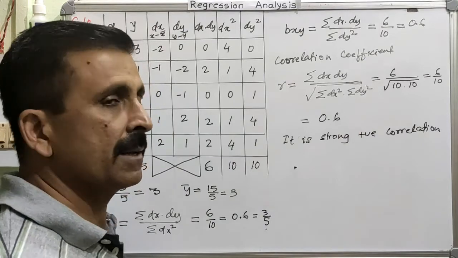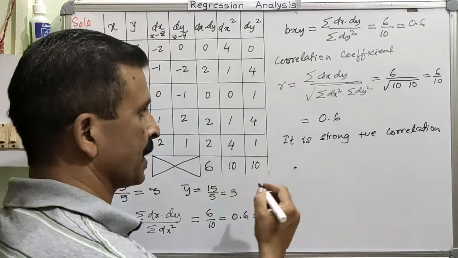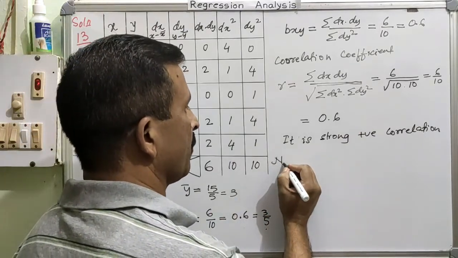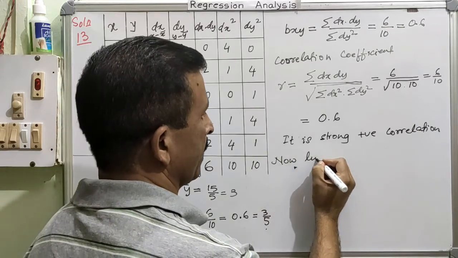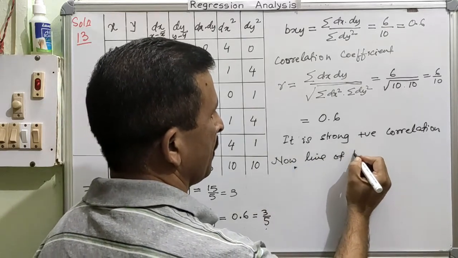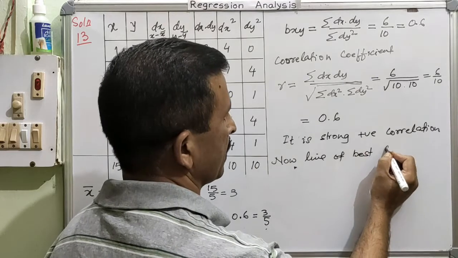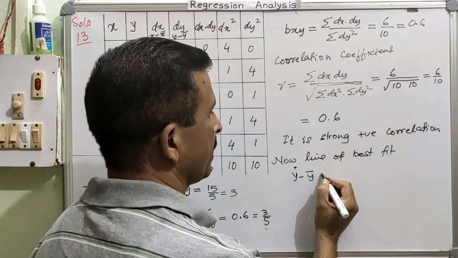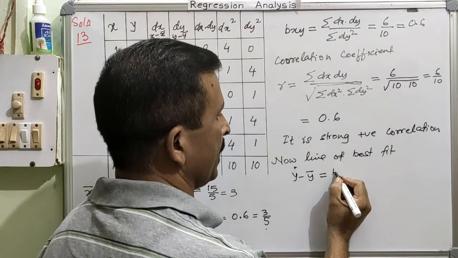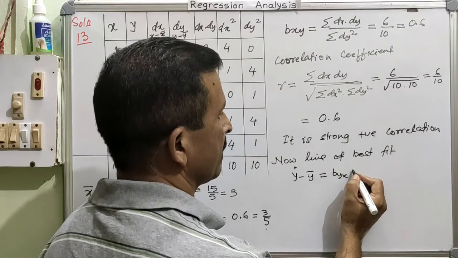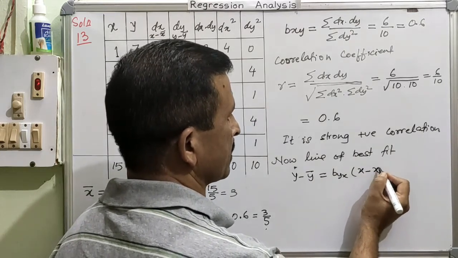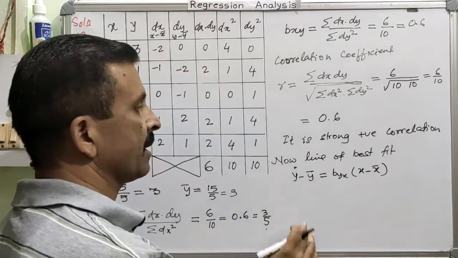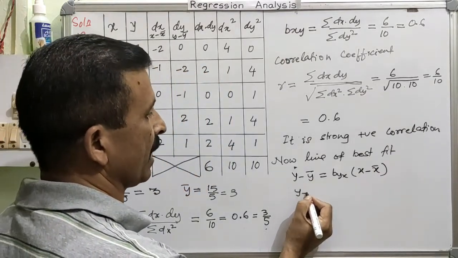Now what is left is the line of best fit. You know what it is? It is y minus y mean is equal to byx into x minus x mean. Am I right? So now I am going to write the values.